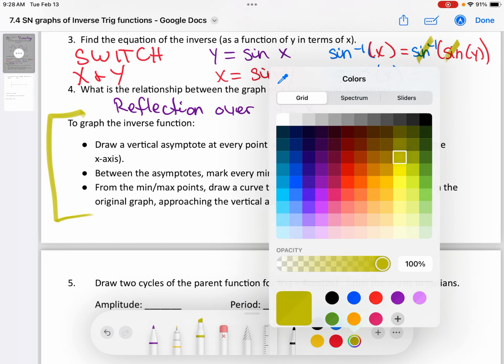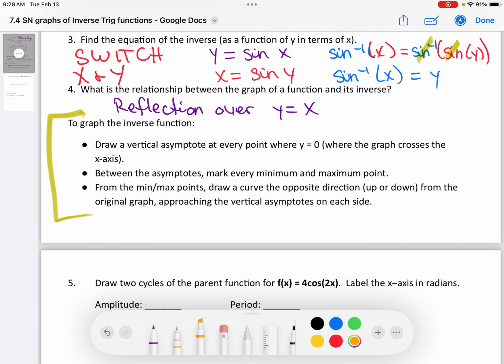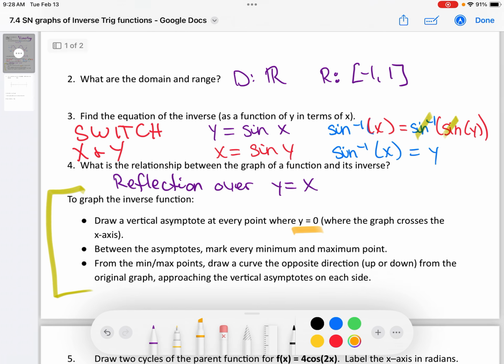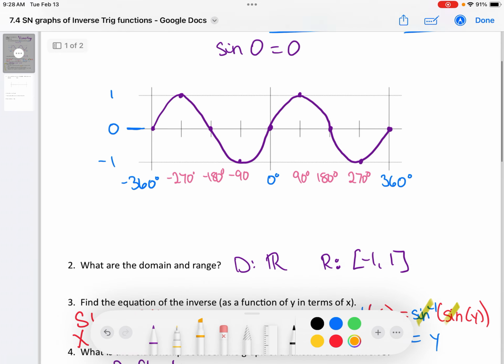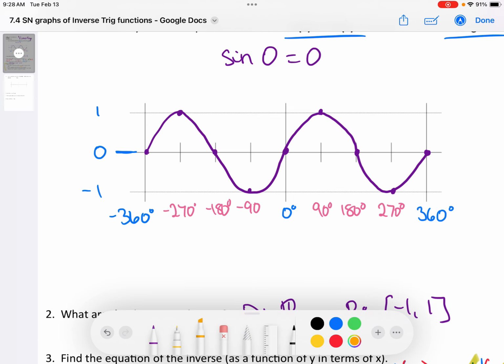We draw a vertical asymptote at every point where y is 0. It's where the graph crosses the x-axis. So our graph crosses the x-axis here at negative 360, 0. Here is a vertical asymptote.